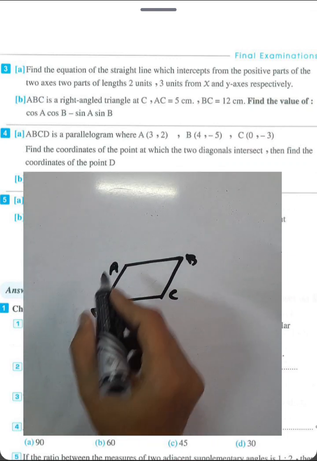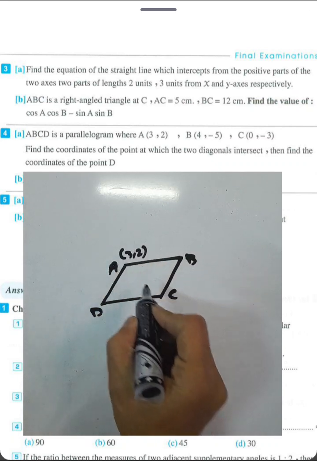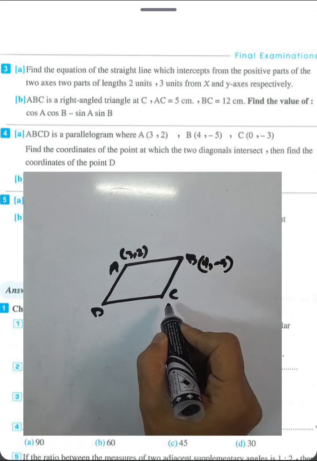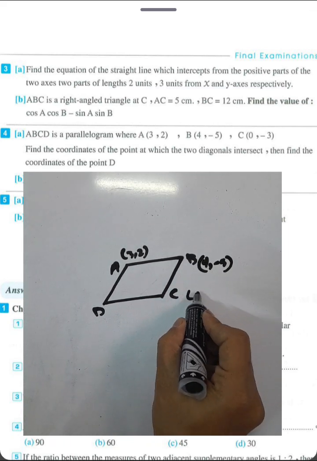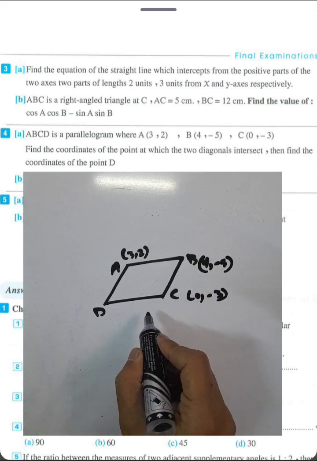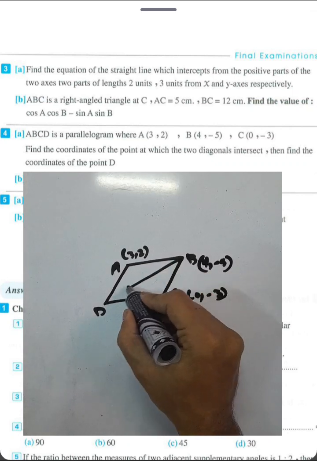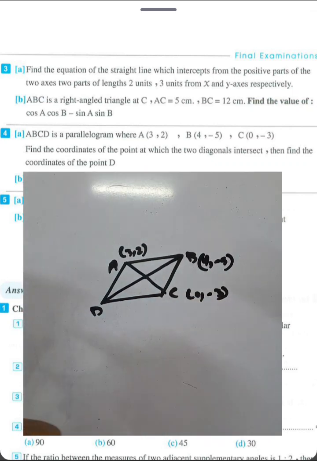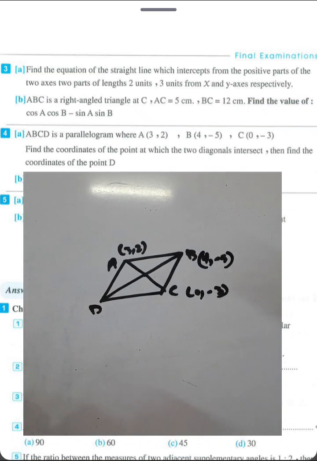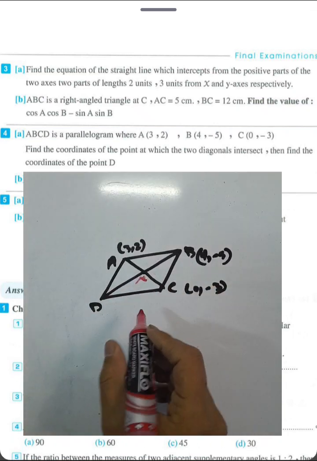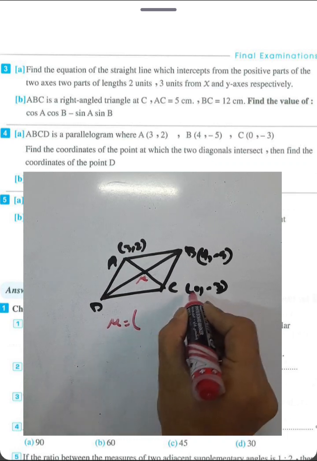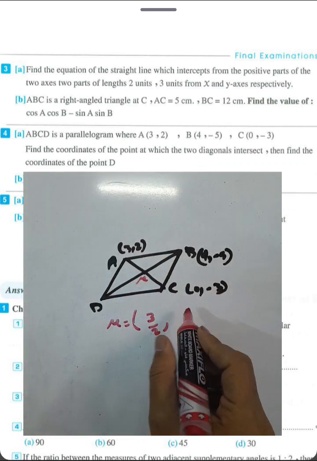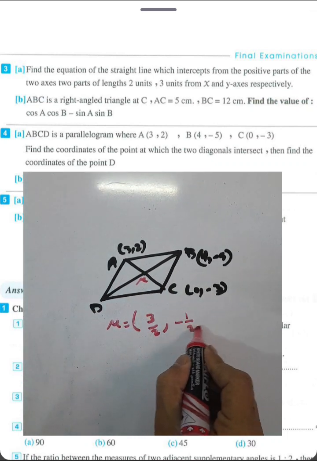Point A is 3 and 2, point B is 4 and negative 5, and C is 0 and negative 3. We have two diagonals intersecting at a point here. I put it M, then M equals 0 plus 3 divided by 2, and negative 3 plus 2 divided by 2, which is negative half.